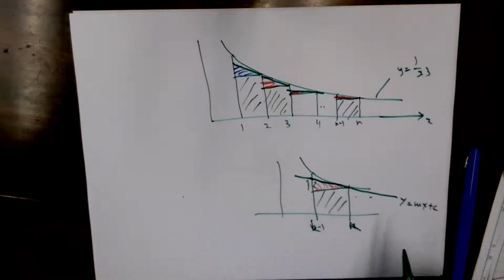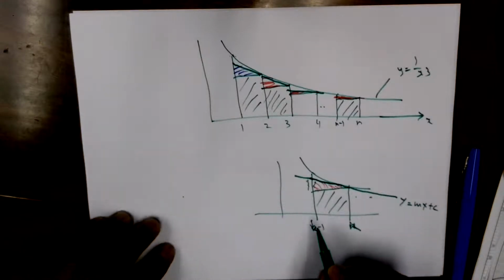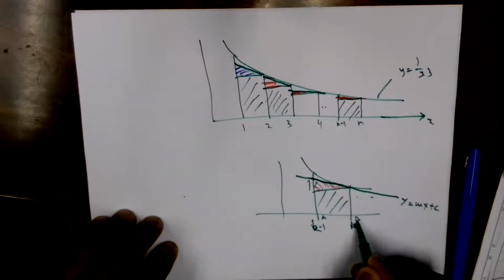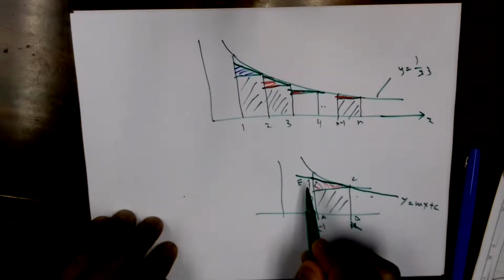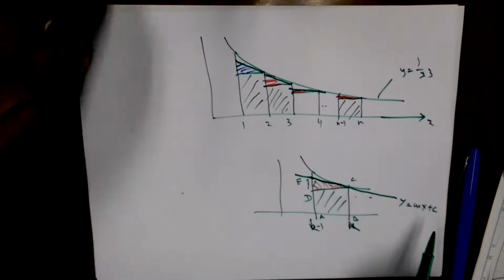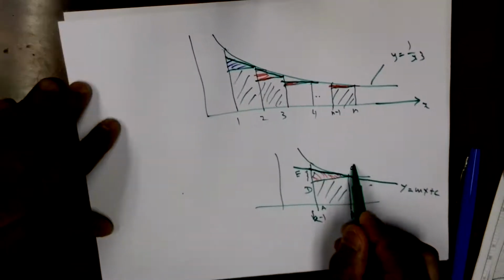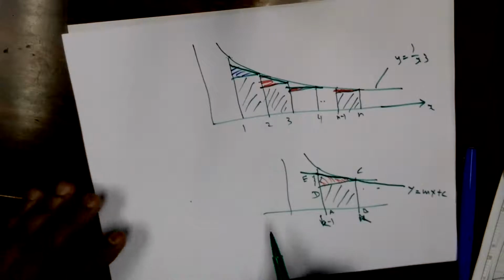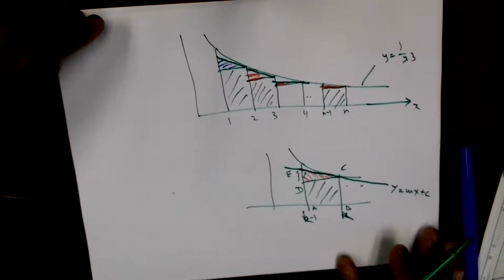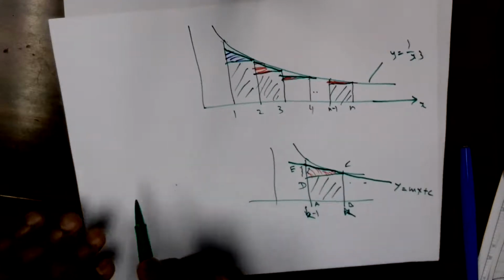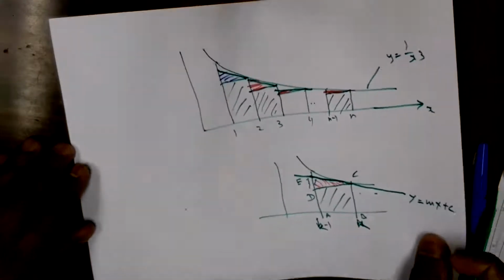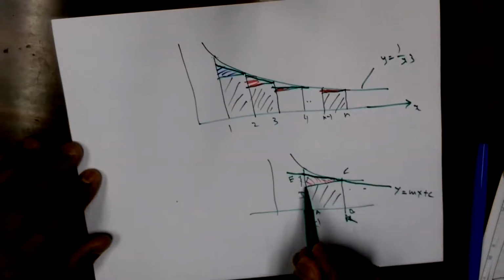So if I call these points A, B, C, D, E, I want to compute the area of the triangle CDE, and AB. So of course AD is the same as BC. So the question is how to find this height.